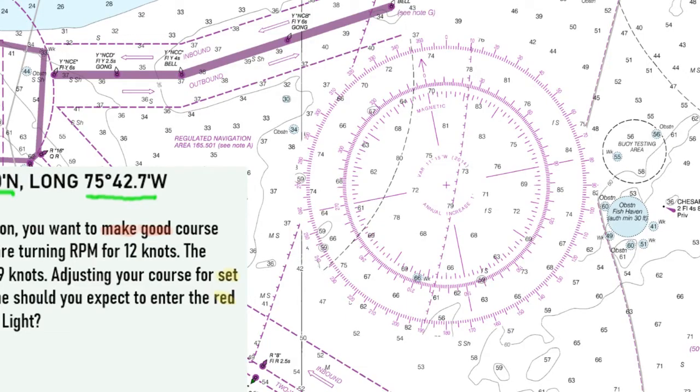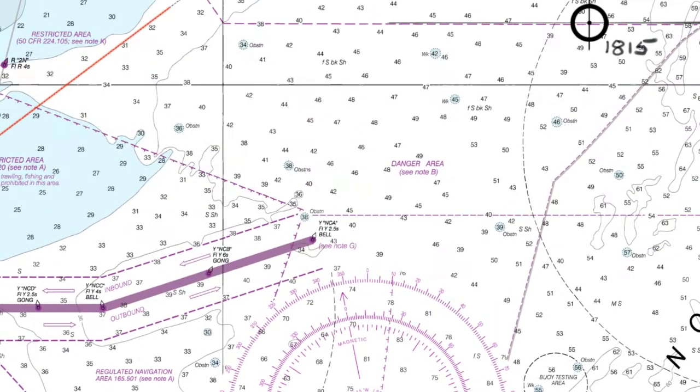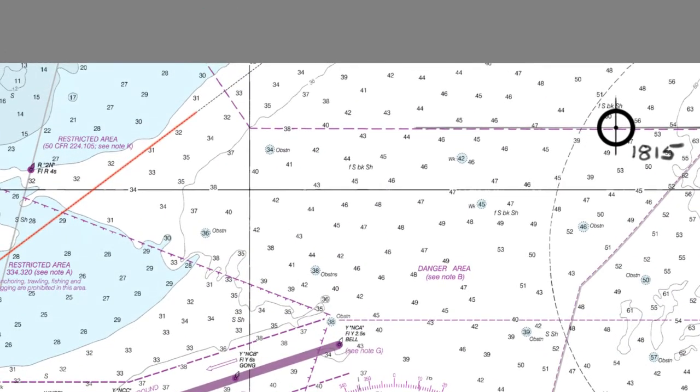We're going to go down to our compass rose and get our 263 course line and lay that down as our track. Make sure we got that lined up, and we're going to slide that up to our starting position, our 1815 fix. And we're going to extend our track line out, making sure that it intersects our red sector, because we're going to need to measure that distance in the future. Can't figure out time without distance.